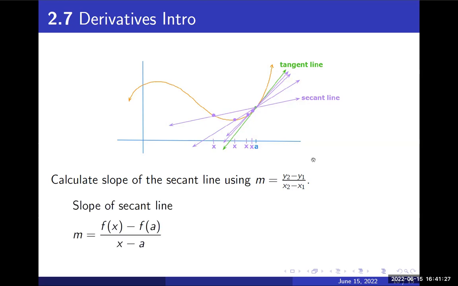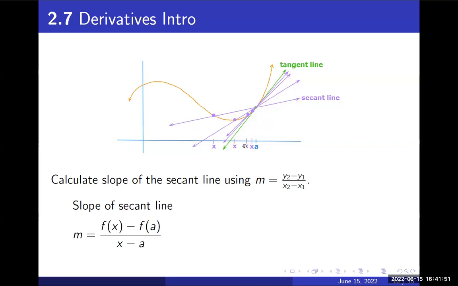Here we go. Using our formula, we would end up with m equals f of x minus f of a over x minus a. Again, x is our x2, a is our x1. What would that make y2 and y1? Well, it would simply be those values plugged into the function. Those are the y values, right?